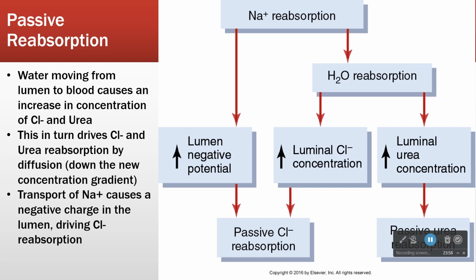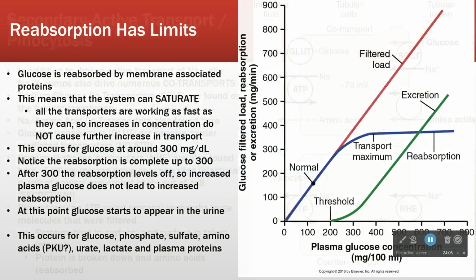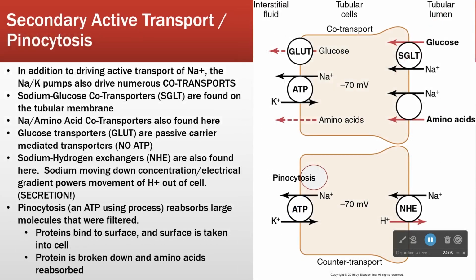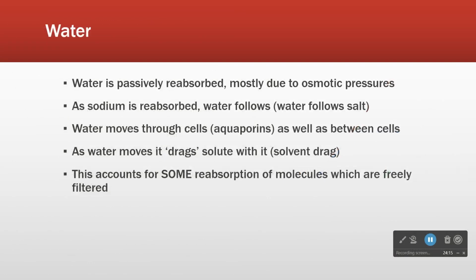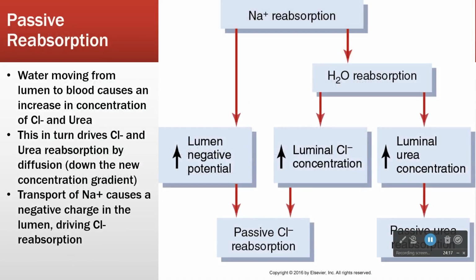Now also, sodium reabsorption tends to leave the lumen negative. So let's go back and look at this. If we have a bunch of positive ions that are moving across here, it's going to tend to leave the filtrate slightly negative, right? That slight negativity repels the chloride, and therefore drives additional chloride reabsorption. So we have absorption of sodium, water, and the things that it triggers.